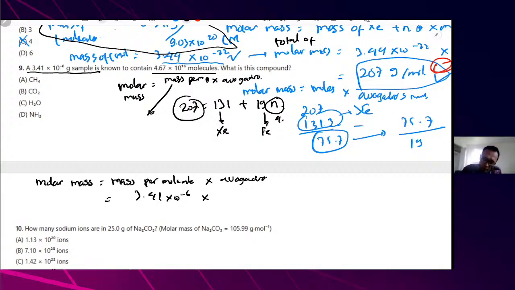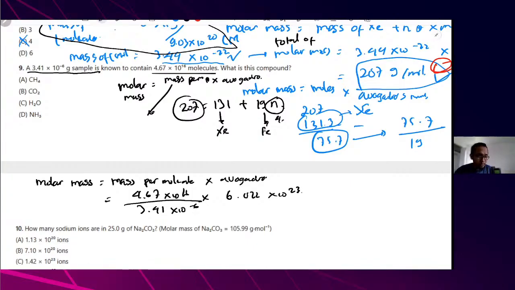We need to know the mass per molecule first. To determine that, it is simply 4.67 times 16 divided by 3.41 × 10^-6, and then Avogadro's number, 6.022 × 10^23. Hopefully this one is working.